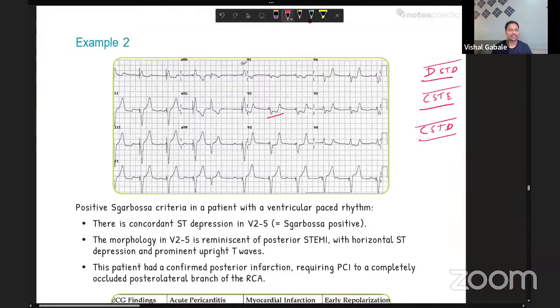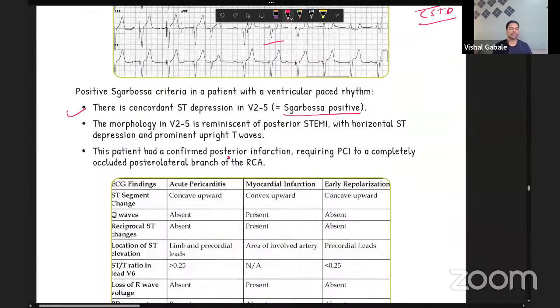What do you think, guys? What is this? Don't look at this. Okay. Very good. This is concordant ST depression, definitely. Okay. So as this is concordant ST depression, it fulfills the criteria for Sgarbossa positive for myocardial infarction. And that is the simple thing you have to do.